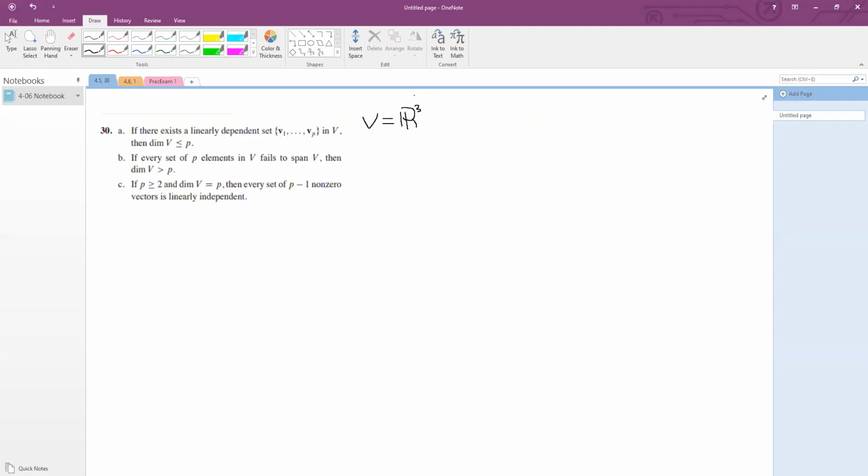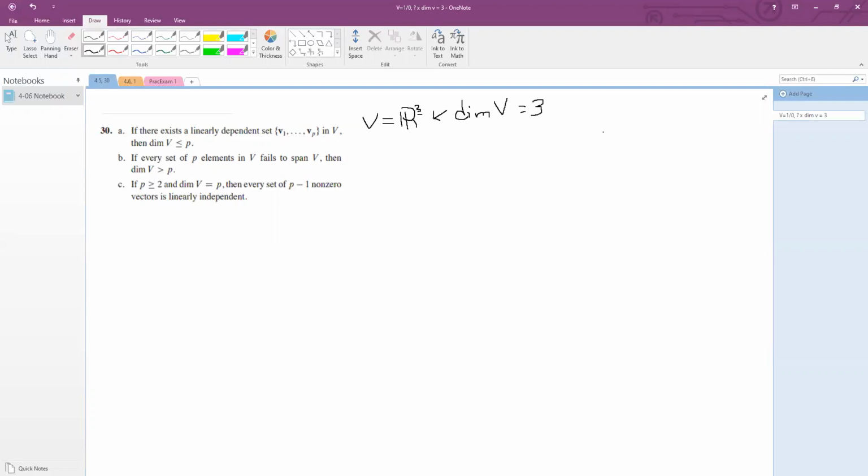If this statement's true, then if we make a linearly dependent set in V, it should have more elements than dimensions of V. Well, the dimension of V here is 3, right? Because V is R3, and we know R3 is 3 dimensions.